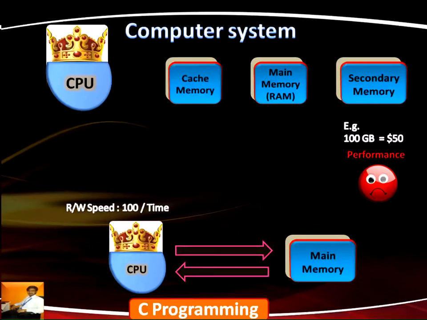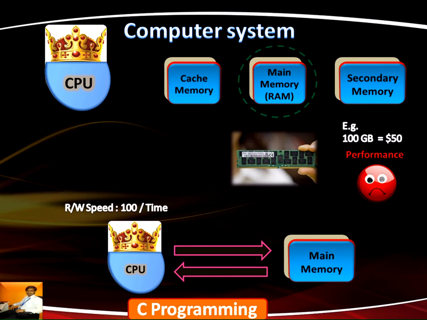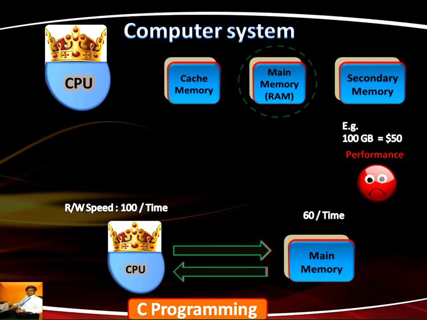Coming to the main memory. The main memory has good speeds, like 60 instructions per 1 unit interval of time. The CPU executes these 60 instructions in just 0.6 interval of time, and waits for 0.4 intervals of time for the next instructions. The performance is good, however, the delay time is somewhat not acceptable.